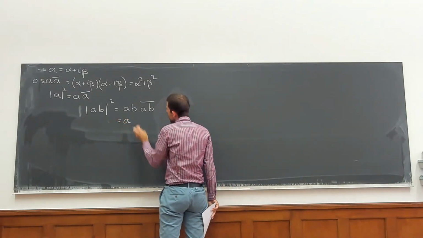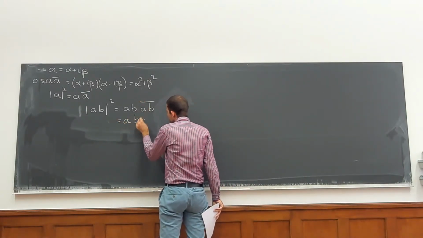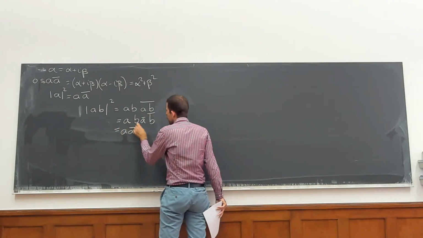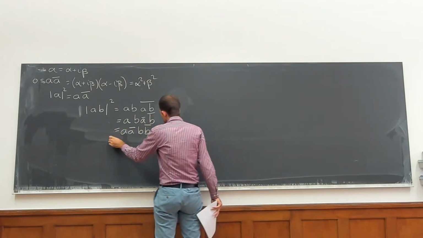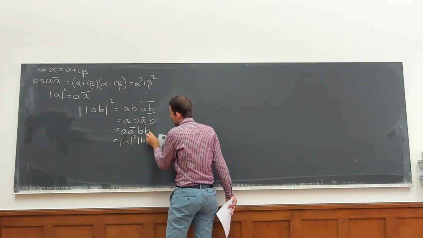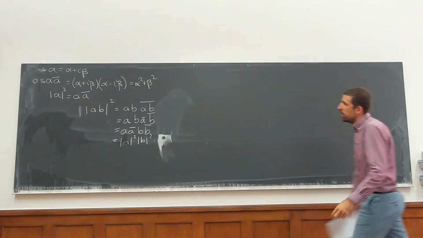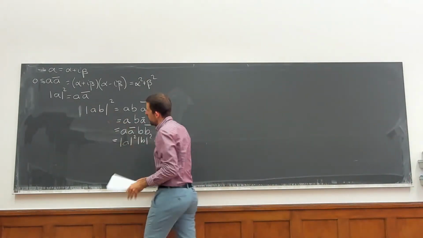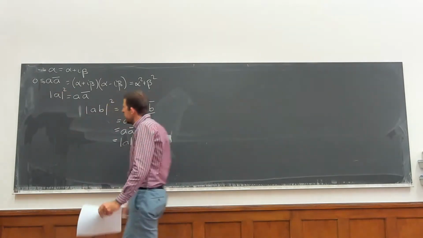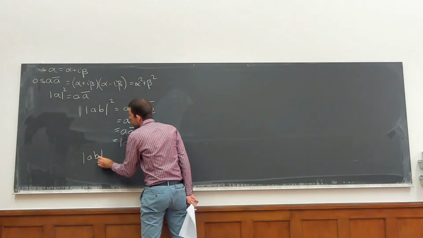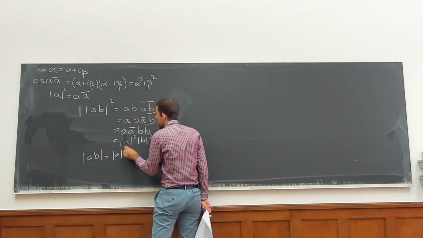Let me do all the calculations more carefully. I'm just using commutativity. And because we know it's norm squared, and we define the norm to be just the positive square root of this, then we get that the norm of AB is equal to the norm of A times the norm of B.